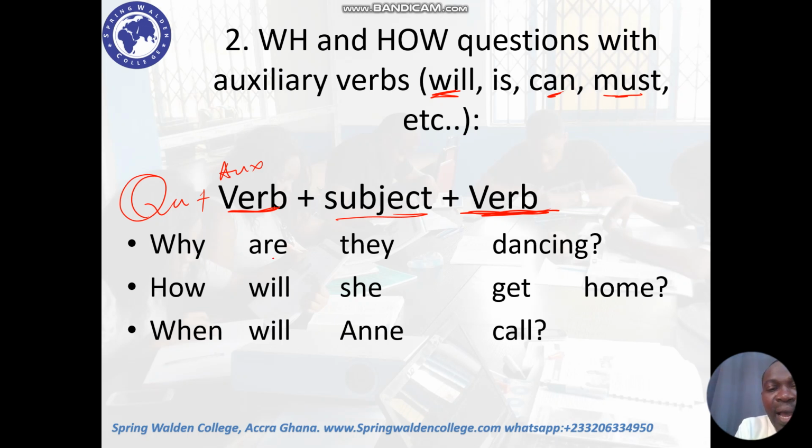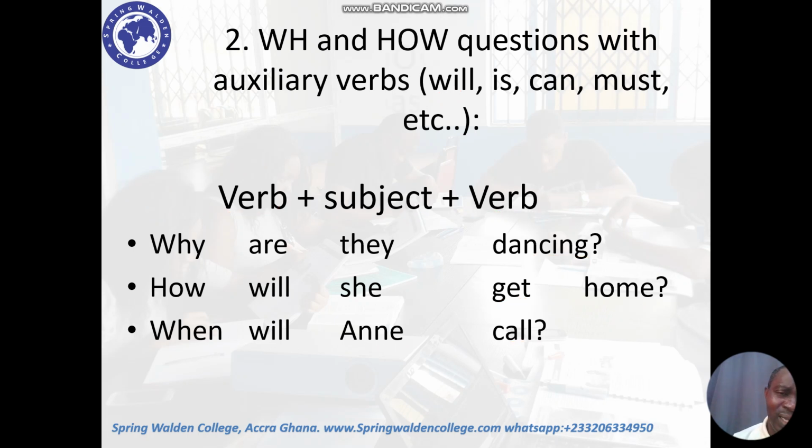So why are they dancing? How will she get home? When will Anne call? Basically those are the question structures.